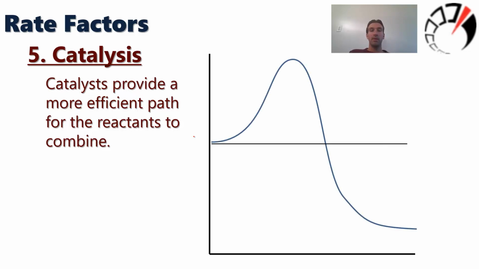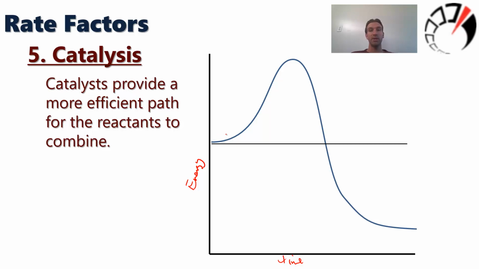So if I look at my traditional reaction pathway, what we see here is the time of reaction overall. On my y-axis, we have our chemical potential energy. And you'll notice that the reactant energy is higher than our product energy.